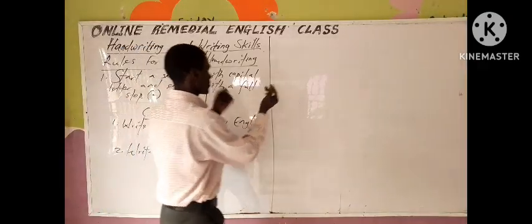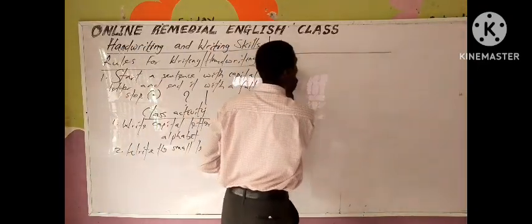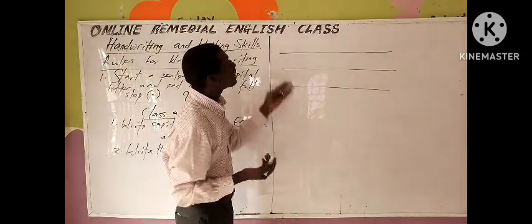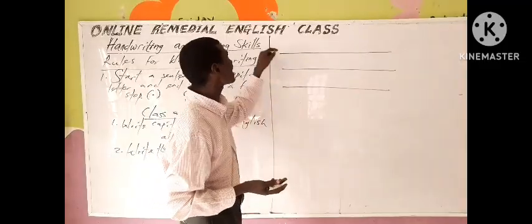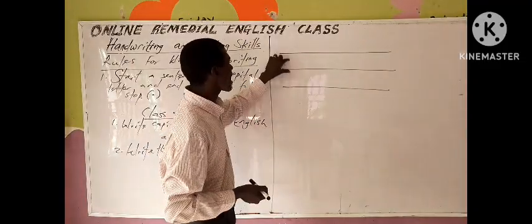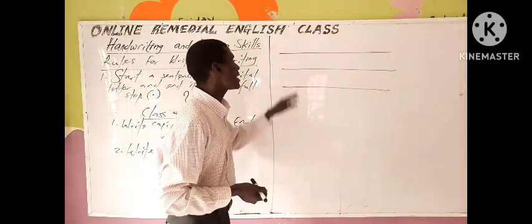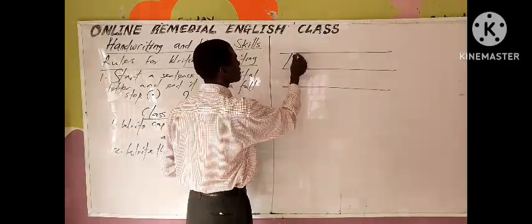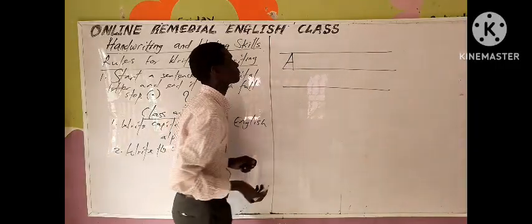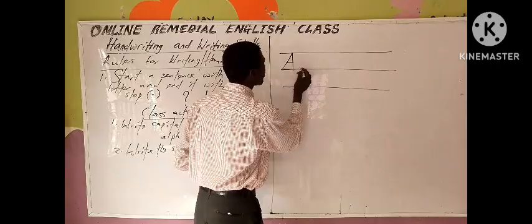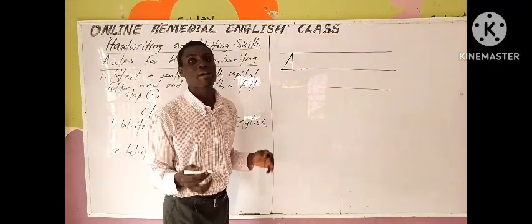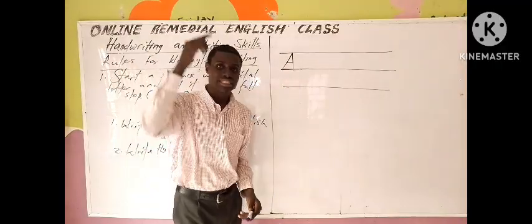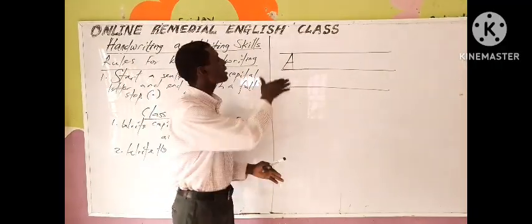For instance, let's have this demonstration. In our notebook, of course, we always have lines and spaces. For instance, you have capital letter A. The lines are meant to do a particular function, and that is to ensure that your letters are sitting on the lines.